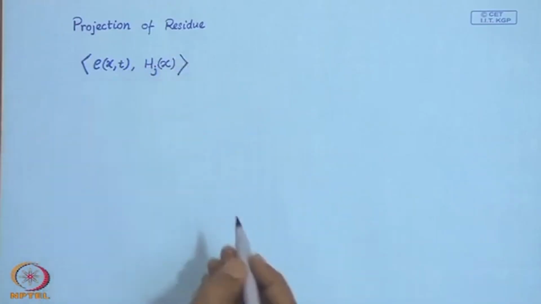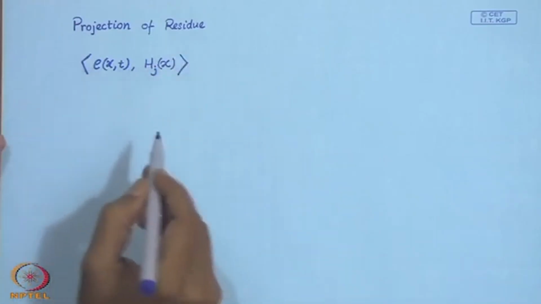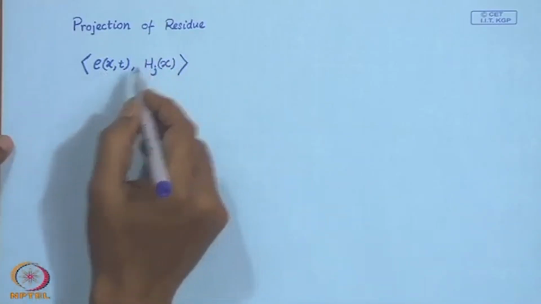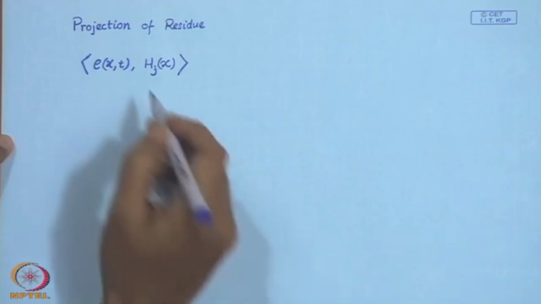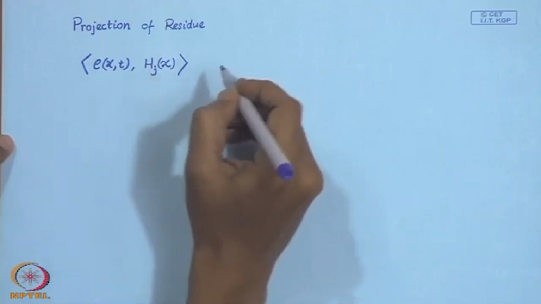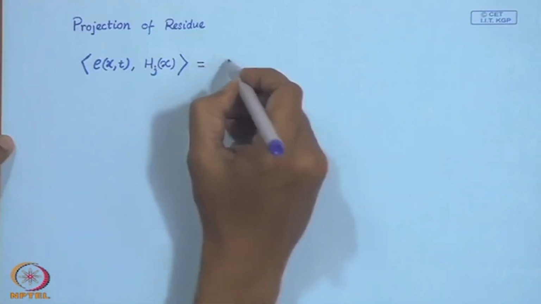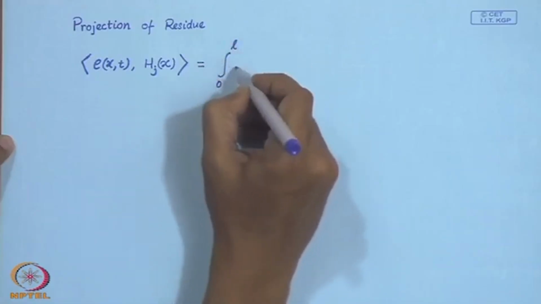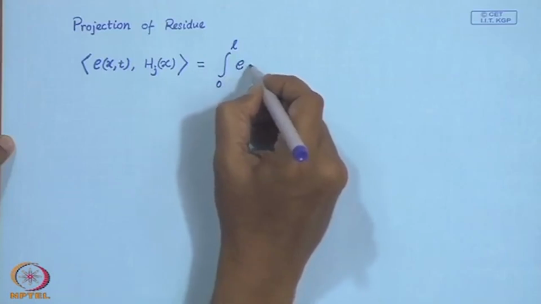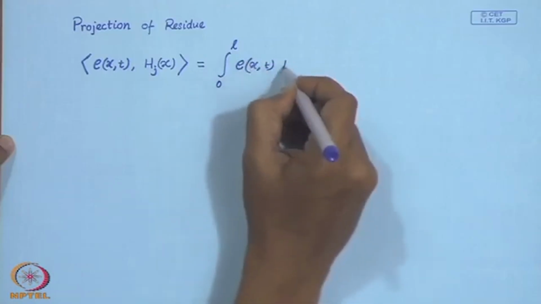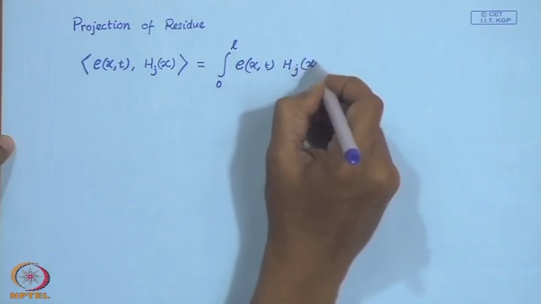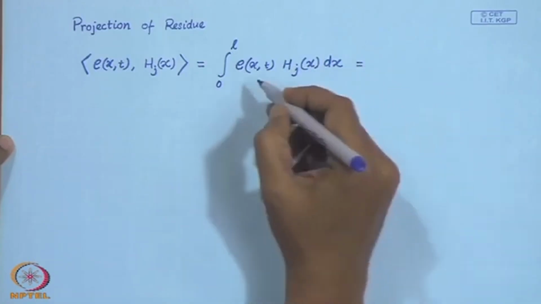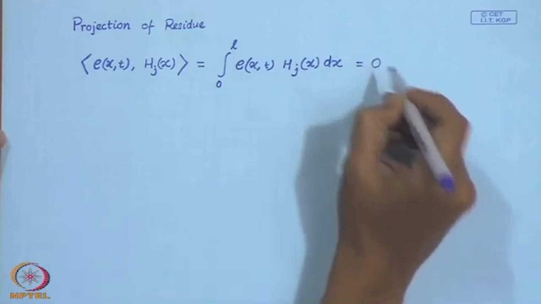We have a suitably defined inner product of two functions: one is the residue that we have generated and another function h of x, which we can simply define in this case, and say that this projection is 0.